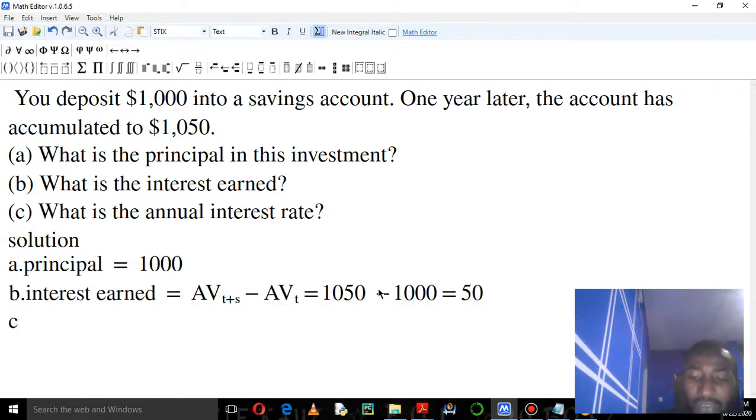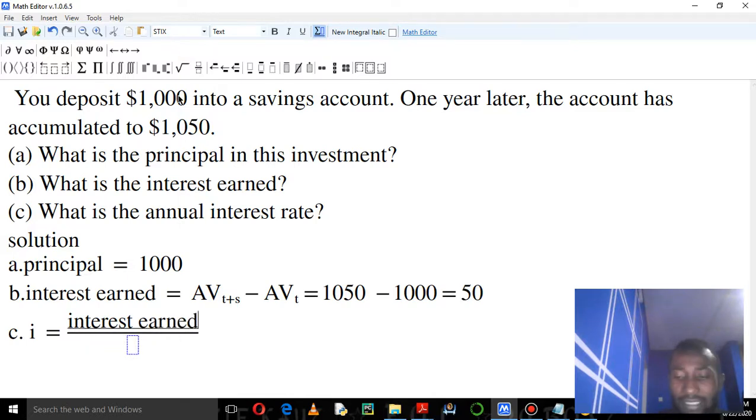Now we are told, what is the annual interest rate? I said our annual interest rate, which is denoted by i, is our interest earned all over the accumulated value at the beginning of the period.